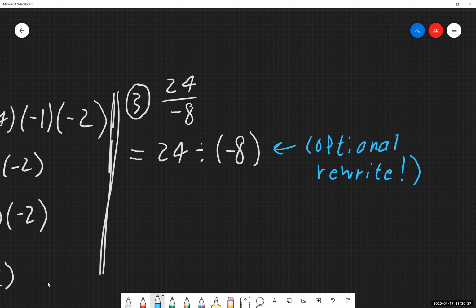So again, you do not need to do this. If you can look at the original thing that we have been given, and you know that that is the numerator divided by the denominator, and you want to work with it that way, great, go for it. If you're someone who says it's a bit easier for me to look at it actually written out as a division problem, great, go with that also, whatever works for you.